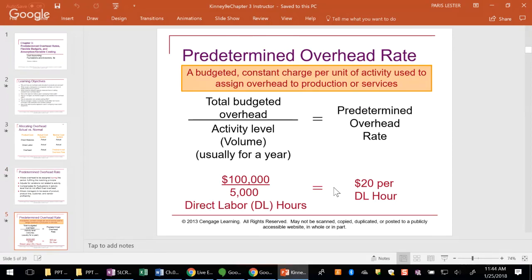How do you determine an overhead rate? Giorgio said something like you take all the money allocated to factory overhead, and he said some kind of base. Your activity level, volume for a year, is your base. Here it's direct labor hours. So your overhead is $20 per direct labor hour. Now it could be machine hours, or it could be direct labor dollars.